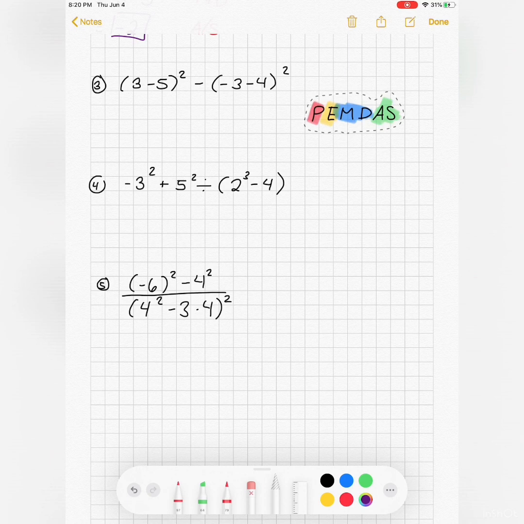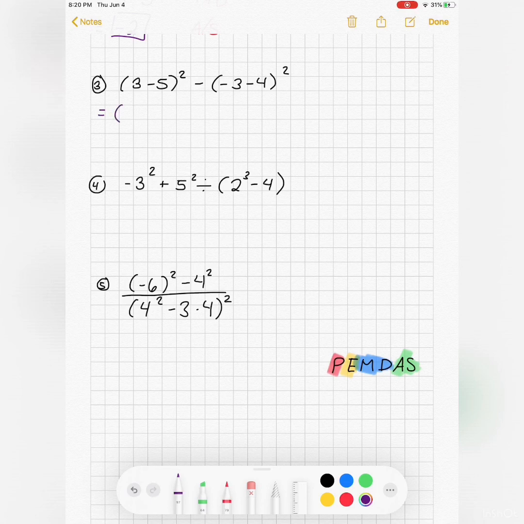Okay, next one. So let's look inside the parentheses. Okay, so inside the parentheses, well, what do I see? I see 3 minus 5. So 3 minus 5 is negative 2.